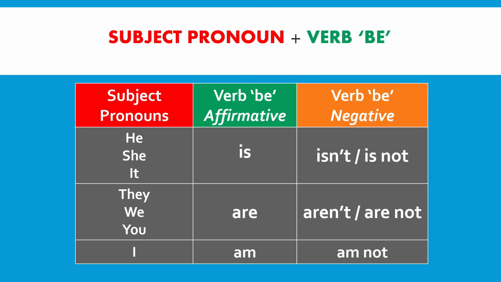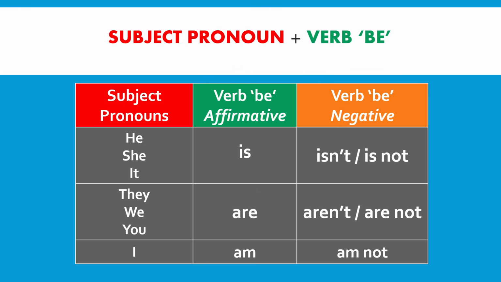That is why when there is a yes, we say is for he, she and it. And if it's a no for he, she and it, then we use is not, or in short form, we call it isn't. The same thing goes to subject pronouns they, we and you.